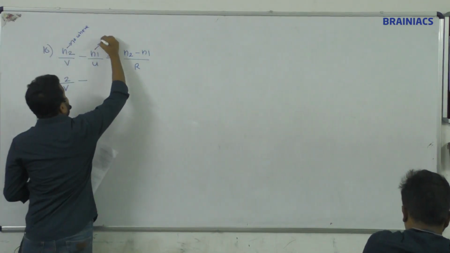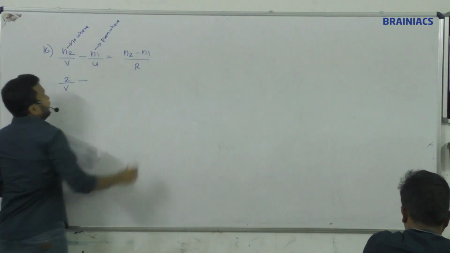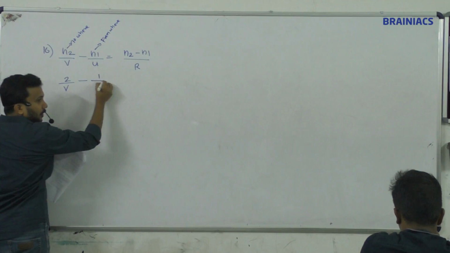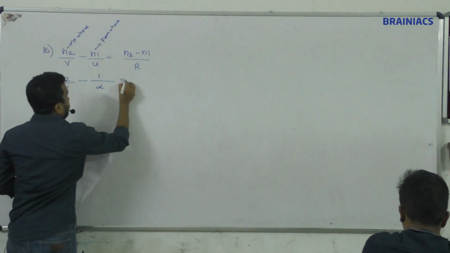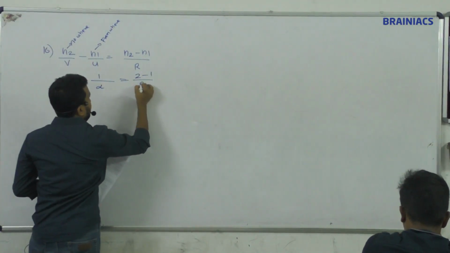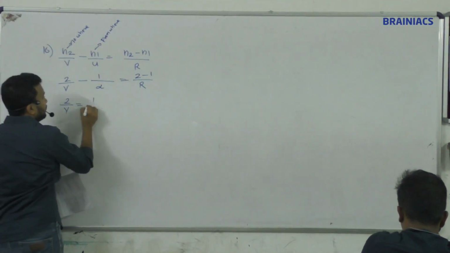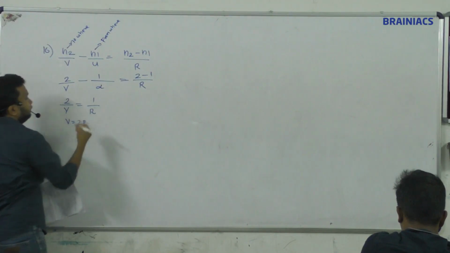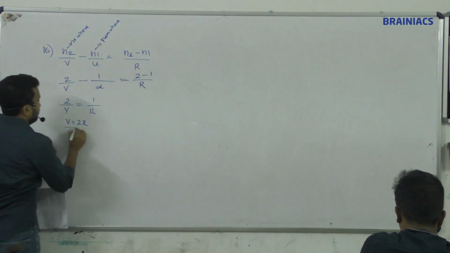N1 is where it is coming from: it is coming from air medium. So air is 1. Object is at infinity. Equal to N2 minus N1, 2 minus 1, divided by R. So 1 by infinity is 0, 2 by V is equal to 1 by R, V is equal to 2R.